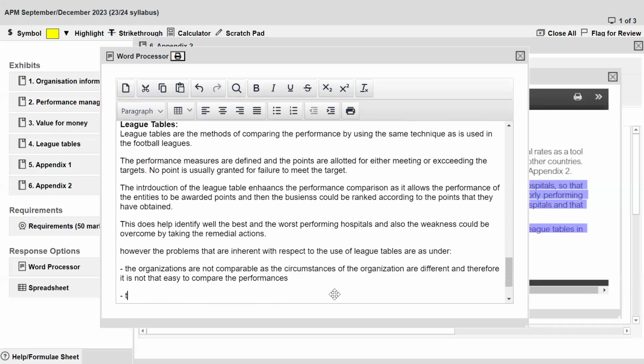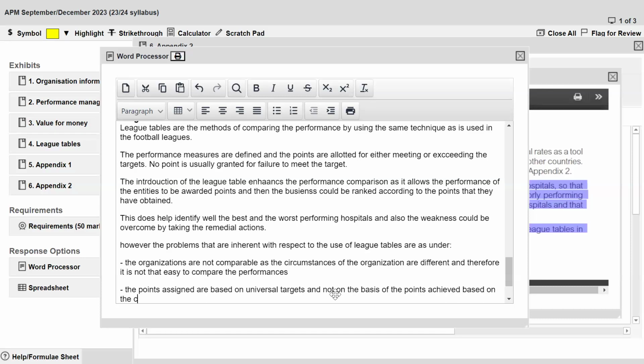The points assigned are based on universal targets and not on the basis of the points achieved based on the circumstances that are prevalent.